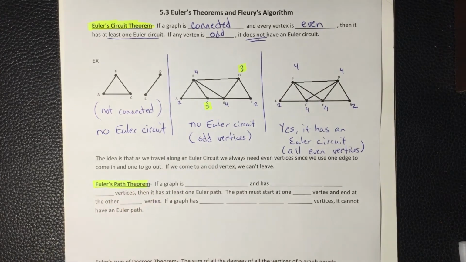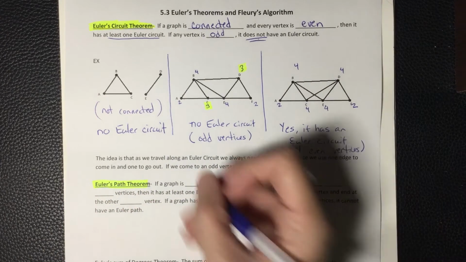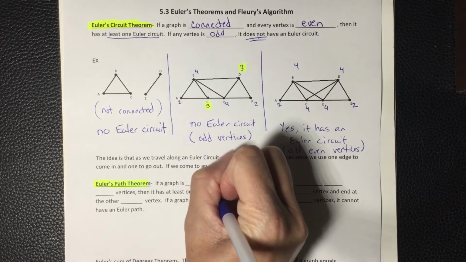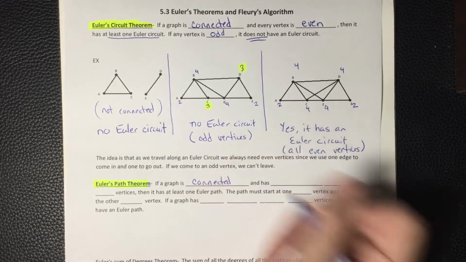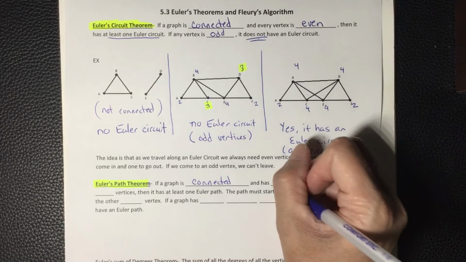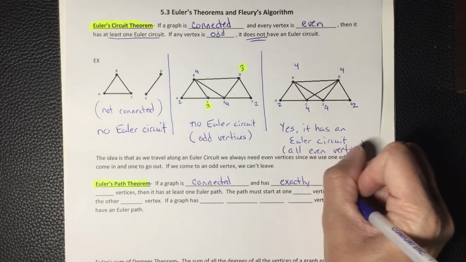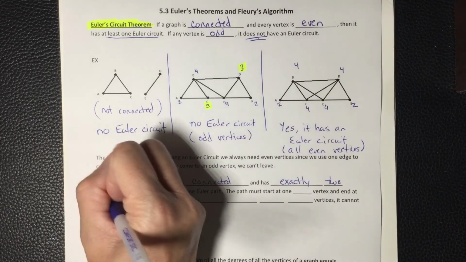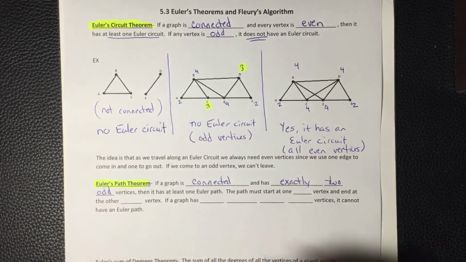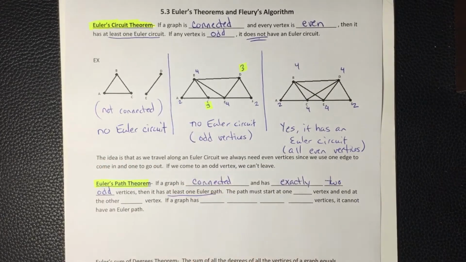So this theorem says if the graph is connected, just like before, we have to start with a connected graph. If the graph is connected and has exactly two odd vertices, then it has at least one Euler path.